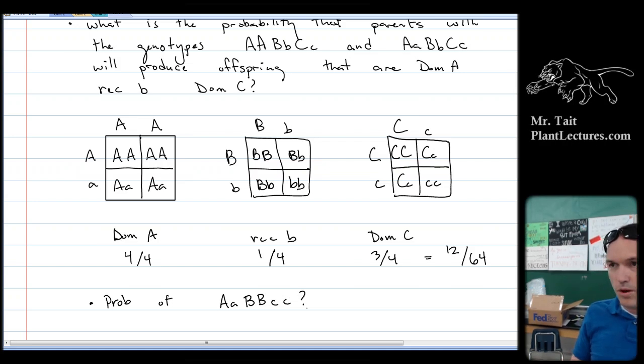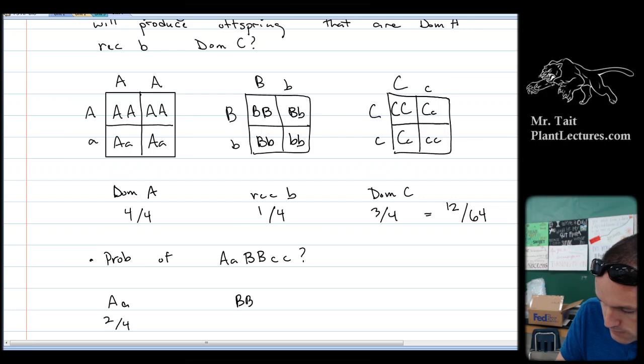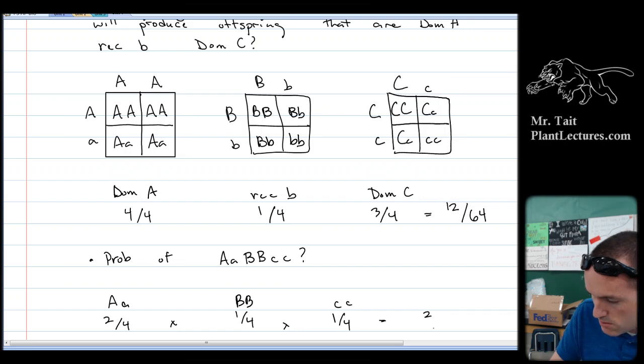Well, now you're like, whoa, I definitely need to do this Punnett square. And you're like, nope, I don't, because big A, little a was 2 out of 4. Big B was 1 out of 4. And little c was 1 out of 4. And you get 2/64.